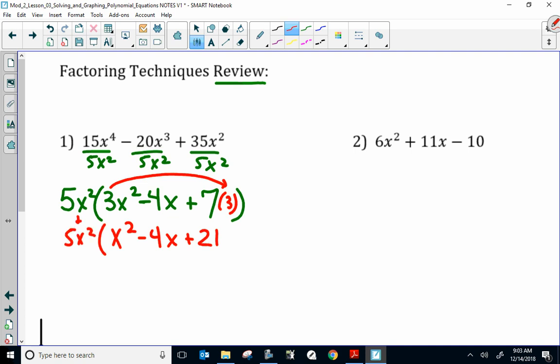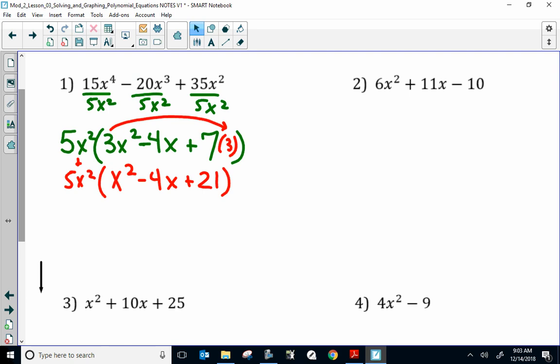Now, how will I know if this is factorable or not? If I can factor this, which I've written in red, in product sum, which means 2 numbers that multiply to 21 that add to -4, then it's factorable. If I cannot factor it at this point, it is not factorable, and what I wrote here in green would be my final answer. That would be completely factored.